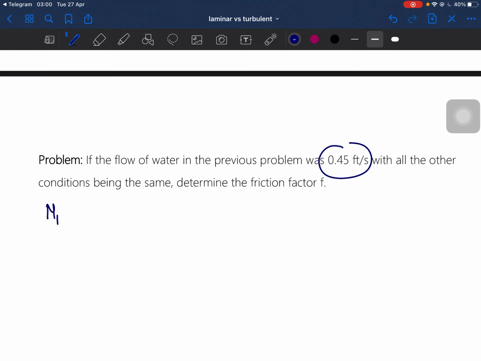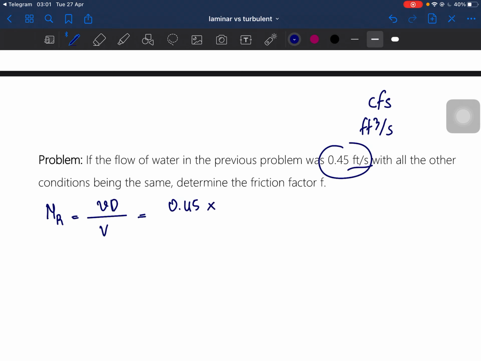So NR is equal to VD over viscosity. So it's equal to 0.45 feet per second. It's not a flow rate, okay? Flow rate will be in cubic feet per second.